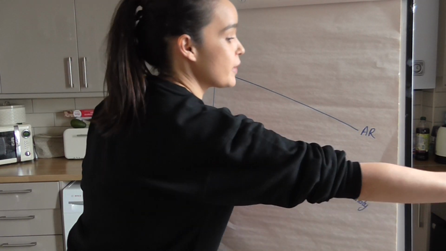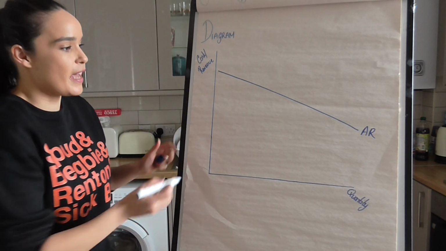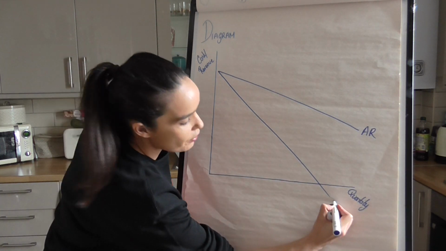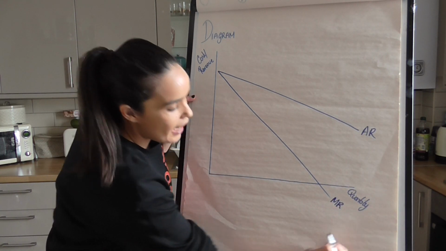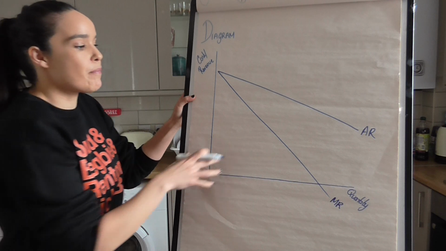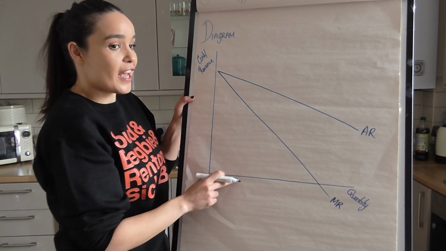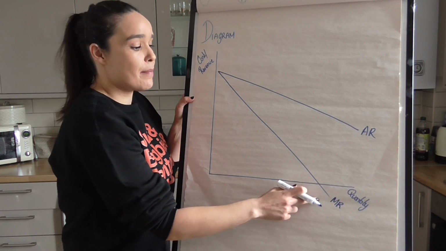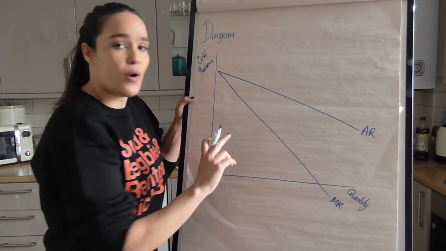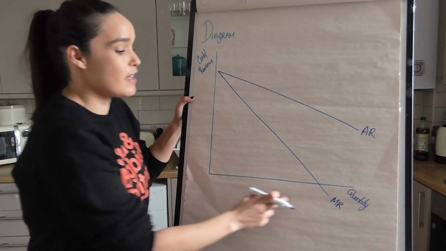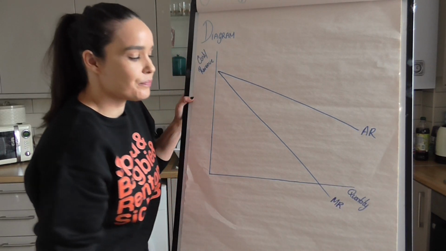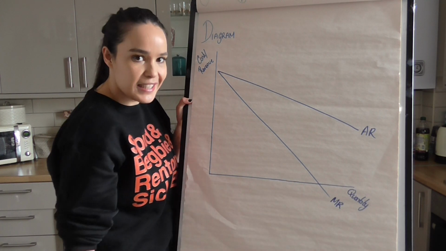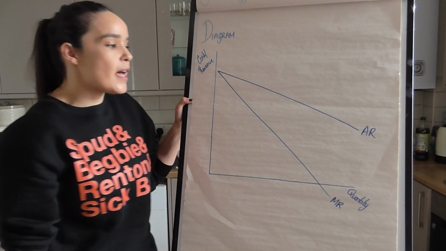Now this AR curve goes off my paper here, but our MR curve will cut through zero. And remember, when you are drawing your MR, when they both land on the diagram, your AR should hit at zero and not go beneath it, but your MR does very much cut through zero. I'm not expecting you, nor does the exam board expect you, to cut all the way down, but just a little cut below zero is fine.